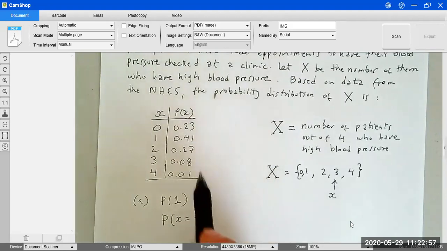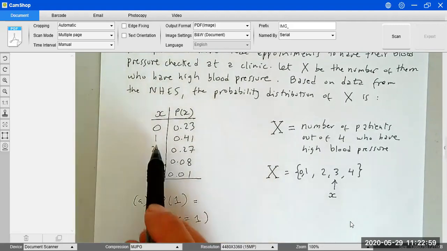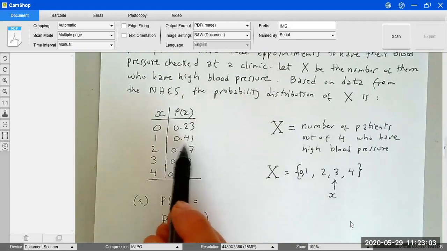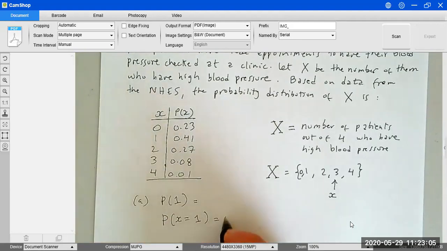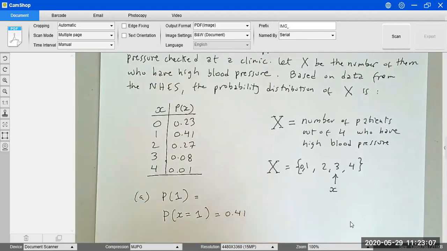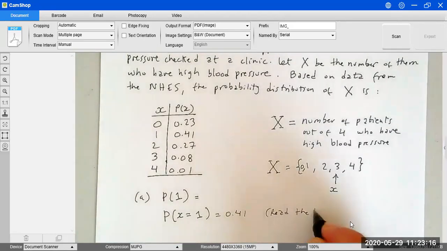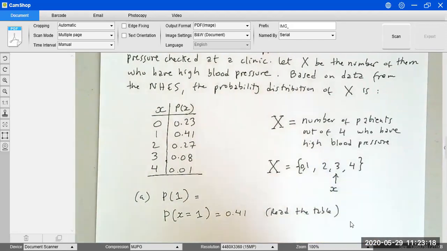You look for x equals 1, and read the corresponding probability in the second column. So the answer is just 0.41. That is the only thing that you need to do: just read the table.